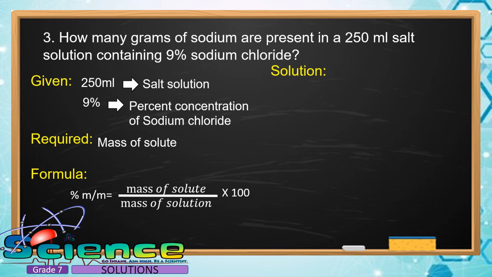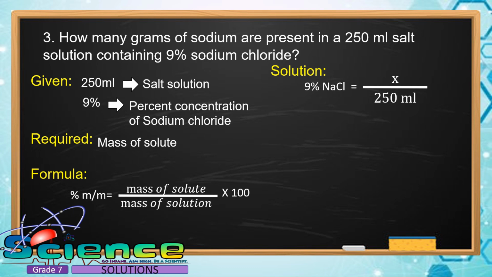We have the percent of mass, which is given as 9% sodium chloride, equals to mass of solute, which is being asked. So we will let X be the mass of solute over the mass of solution, which is 250 ml.